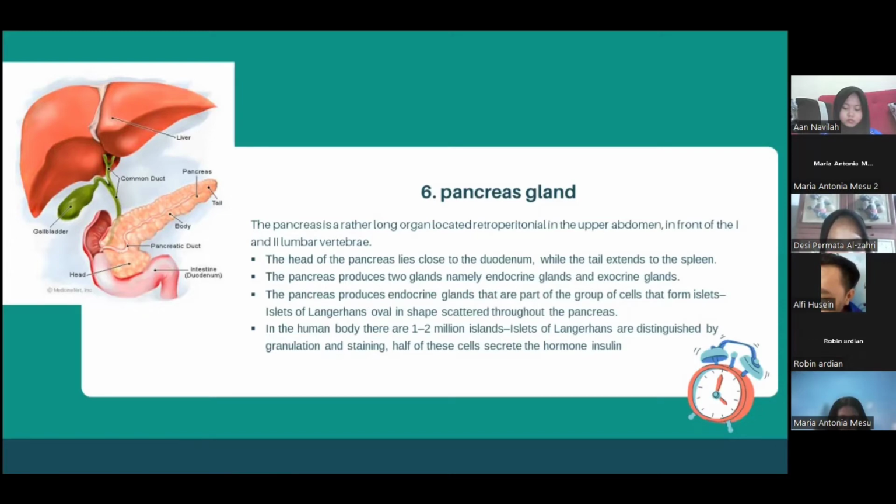The endocrine part consists of cells called islets of Langerhans, scattered throughout the pancreas. In the human body, there are about 1 million islets of Langerhans, distinguished by granulation and staining. Half of these cells secrete the hormone insulin.